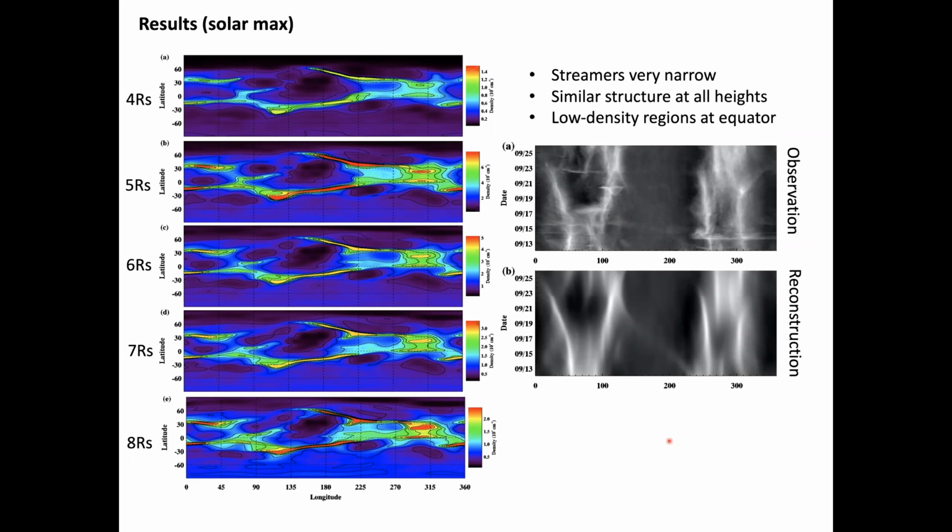So an interesting point here is that even quite a complicated distribution of brightness over time can be reconstructed using a static density distribution. So this complexity you see of streamers seeming to split or join, crossing the pole, etc., can arise from a static density distribution.